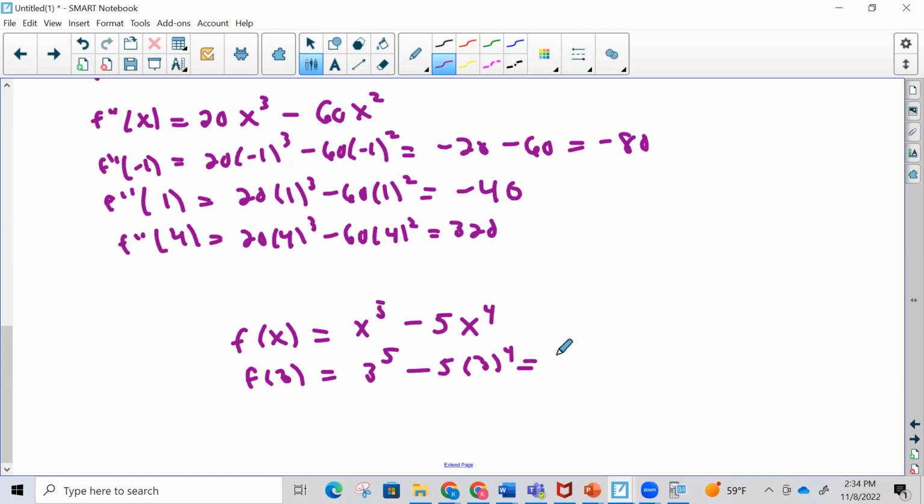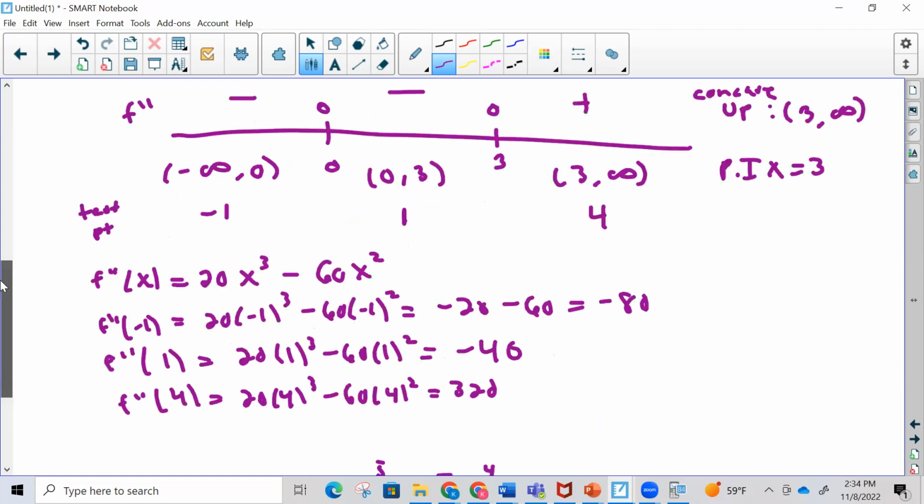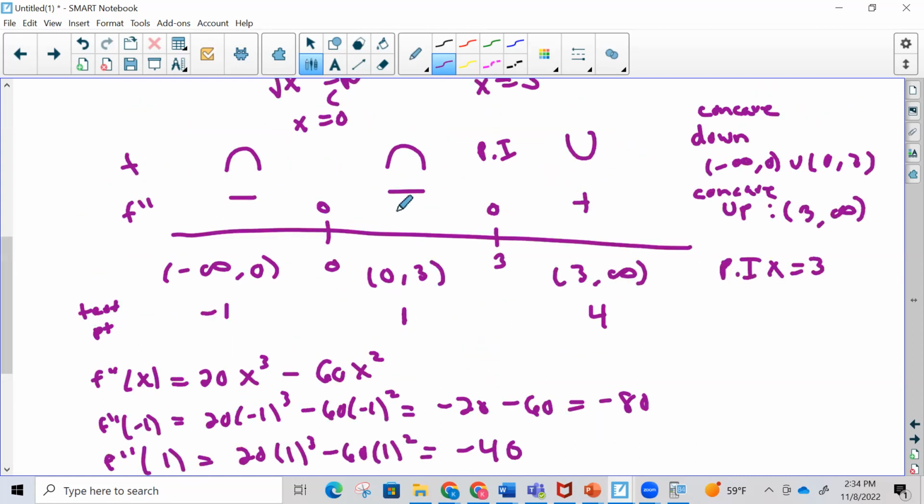And I get -162. So my point of inflection: the x value we got was 3, and -162 is the y value. Okay, so that's how you find points of inflection. Again, you need to make sure it changes sign and the intervals of concavity.